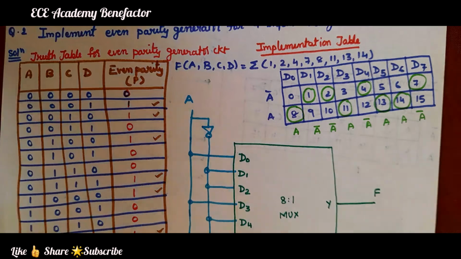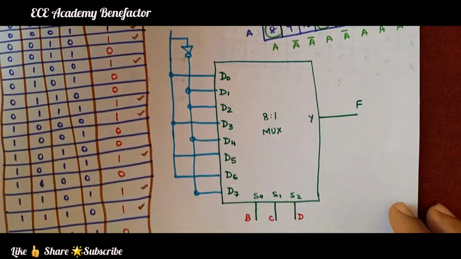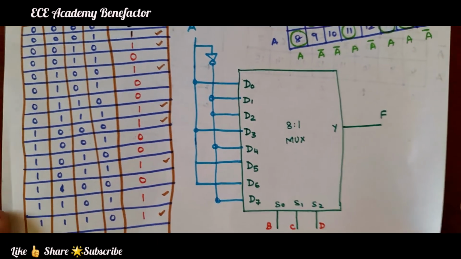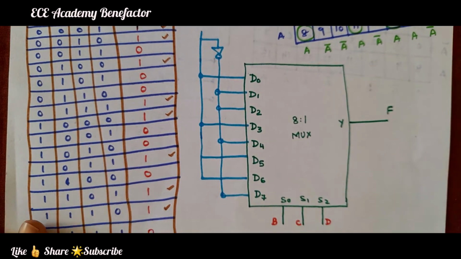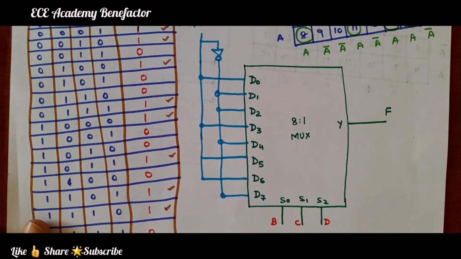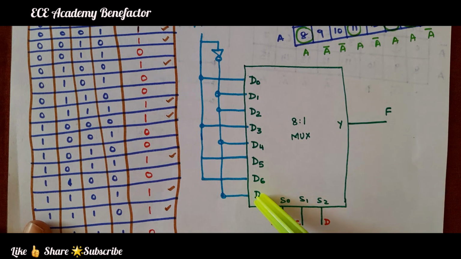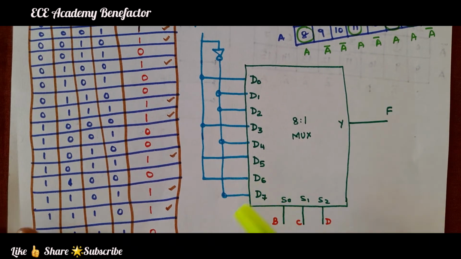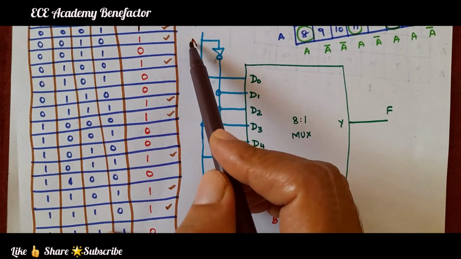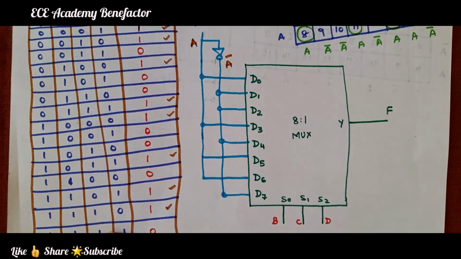Now, let us see how to draw the implementation diagram, the logic diagram of the 8:1 mux. The 8:1 mux will have the inputs D0 to D7. Now we have taken this line A, and its output will be A bar.